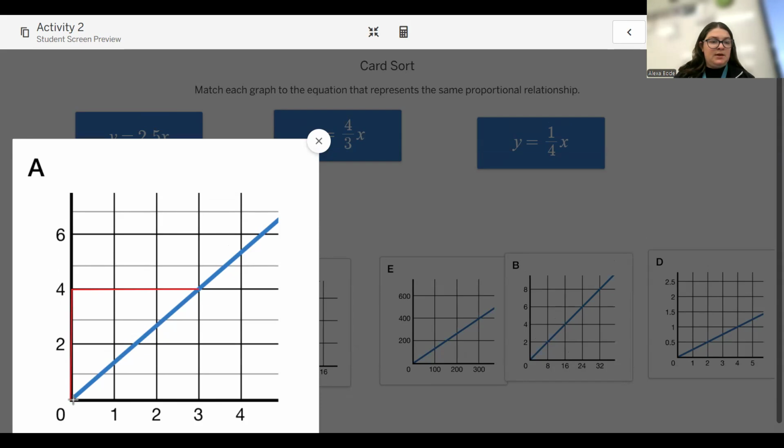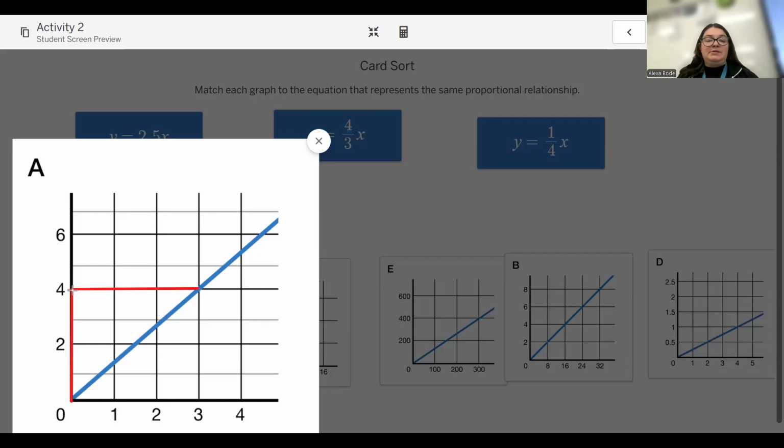Yes, I can. Here's my slope triangle in red. What you guys are used to is just counting the boxes. So this is going up 1, 2, 3, 4. This is going over 1, 2, 3. That is okay for an example like A, because the height here from 0 to 4 is actually 4, and from 0 to 3 is actually 3. But that's not going to work on all of them.